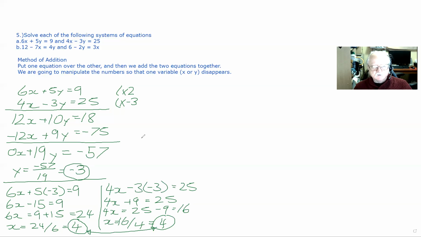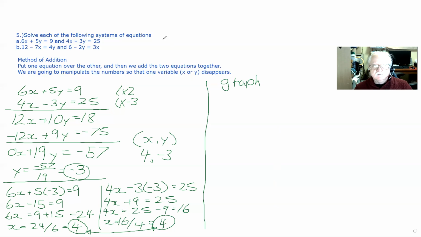So when we want to look at our ordered number pair, which is what they mean by solving a linear system, our ordered number pair, x comma y, x is 4 and y is -3. And so what we mean by the idea that this thing solves this linear system is if we were to graph these two equations, the two lines would intersect at 4 and -3.